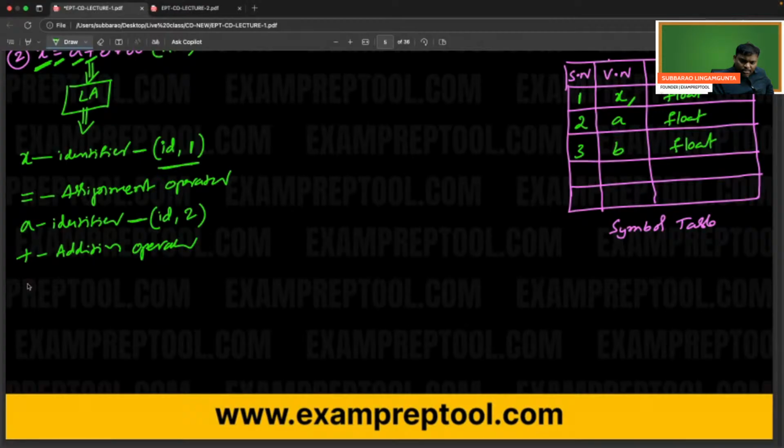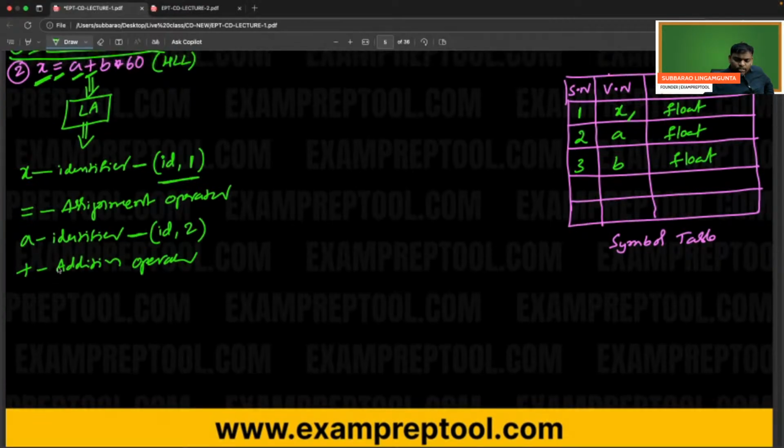Next one, I think plus is also over. Next one is B, which is an identifier. If it is an identifier, it should be there in the symbol table. Go and check in the symbol table. When you go and verify, there is a B available.